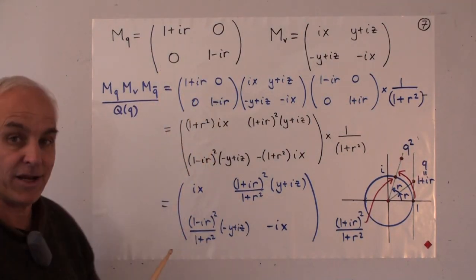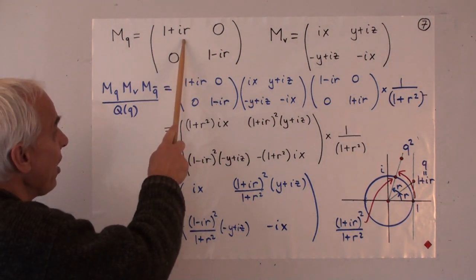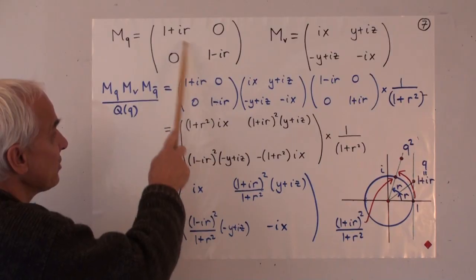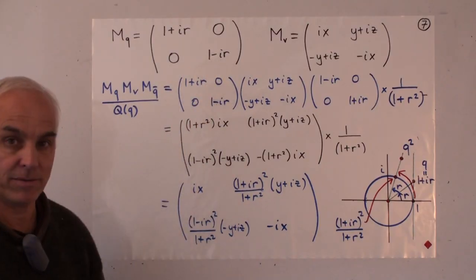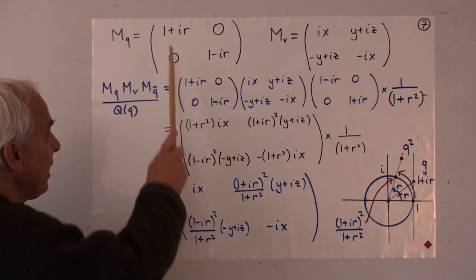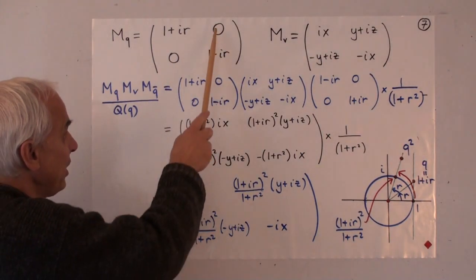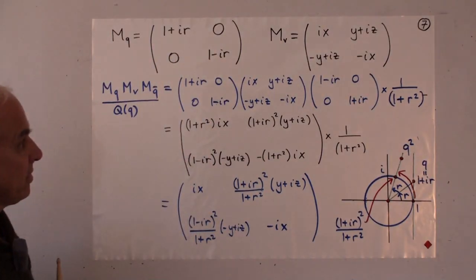So it's associated to the 2x2 matrix 1 plus IR, 0, 0, and the complex conjugate 1 minus IR. Remember that the coefficients of 1, L, J, and K get written here as complex numbers, and here there's a complex conjugate, and here there's a minus complex conjugate.